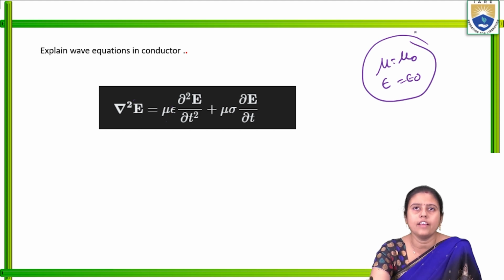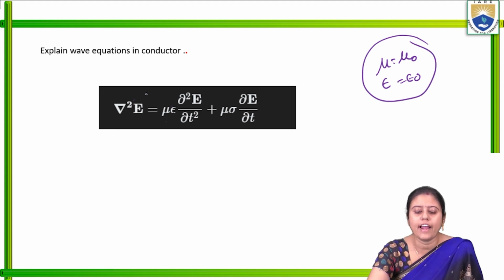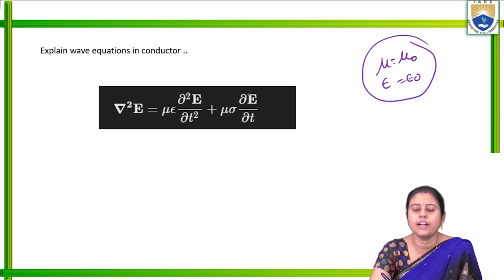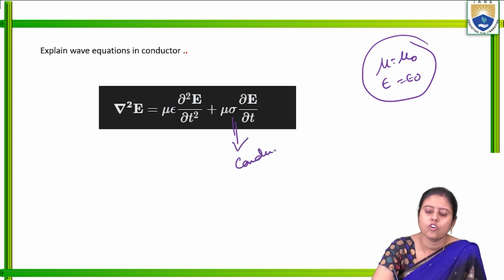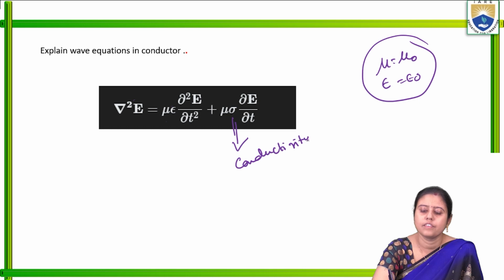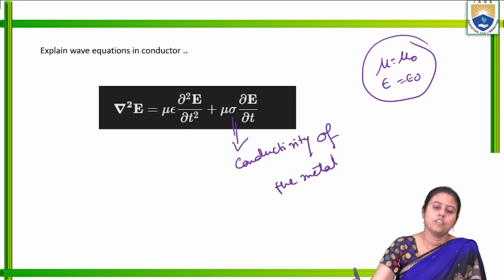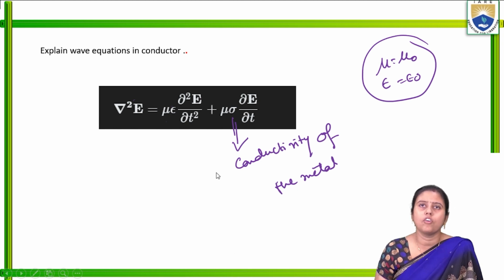Rather we write grad square E is equal to mu epsilon del square E by del T square, which we got from the previous expression, plus mu sigma del E by del T. What is sigma? Sigma is nothing but the conductivity of the metal. So this is the wave equation in the conductor.